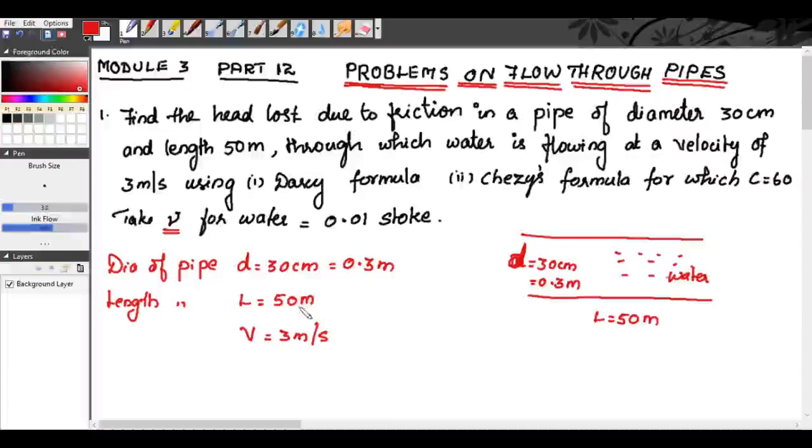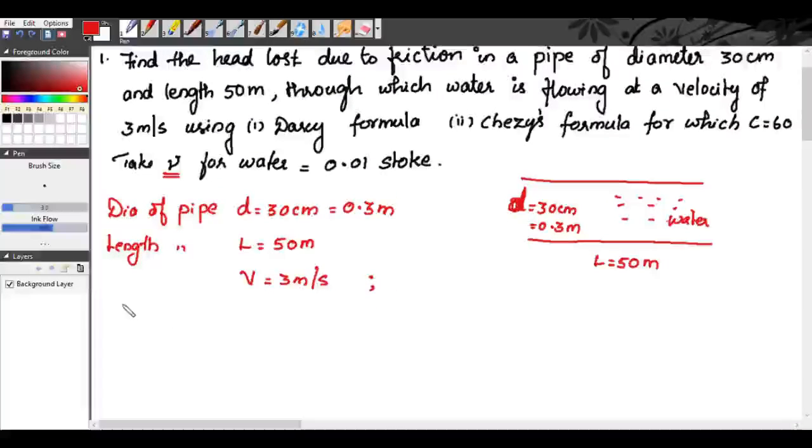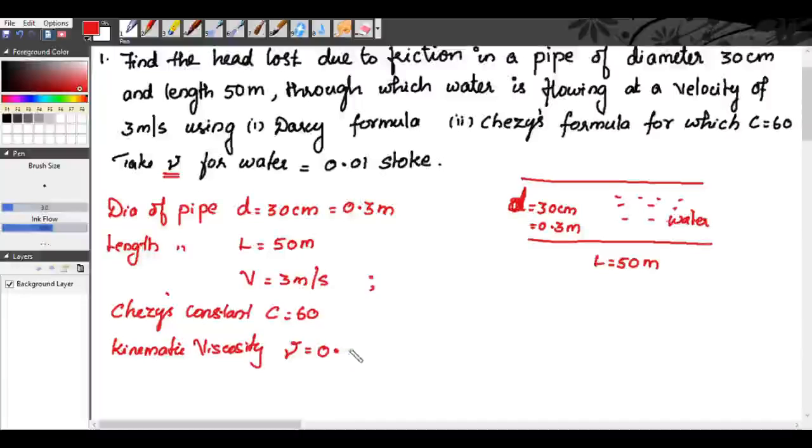So the mean velocity of flow, V, equals 3 meter per second. We have converted everything in terms of meter, right? Now, Chezy's constant C is equal to 60, and nu is nothing but kinematic viscosity, given as 0.01 stoke.